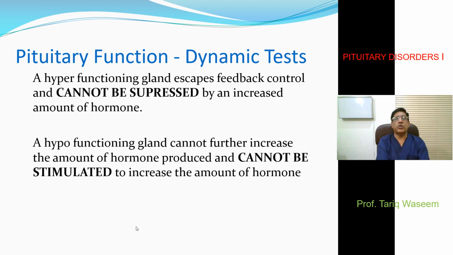So if you remember these two golden rules: a hyperfunctioning gland cannot be suppressed, and a hypofunctioning gland cannot be stimulated, because it has lost its ability to produce secretions as a result of stimulation. So whenever we go for further endocrine tests to prove that the gland is either hyperfunctioning or hypofunctioning, we use stimulation or suppression tests to look at whether this gland is able to be stimulated or not.